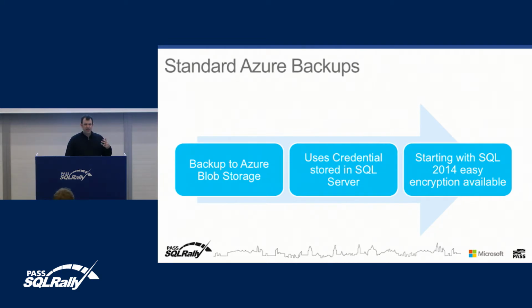The other thing, although this makes me question that statement, is that it uses an external process. There's actually an exe in the SQL Server bin folder called backup to URL.exe. So this Azure backup is handled by an external process. You create a credential in SQL Server, and then you can just say backup to URL. It's really no different than backing up to your on-premises environment.